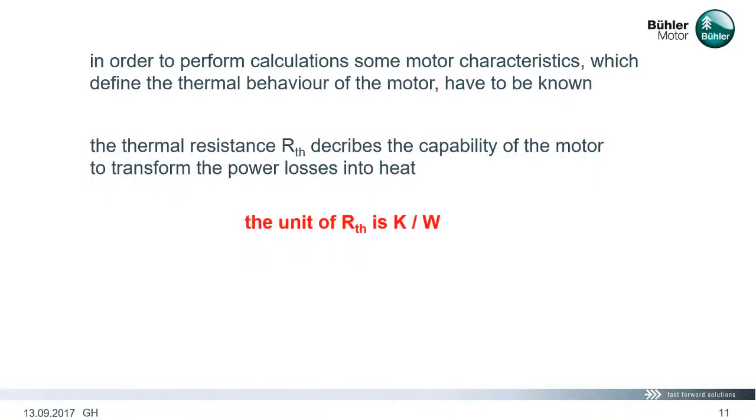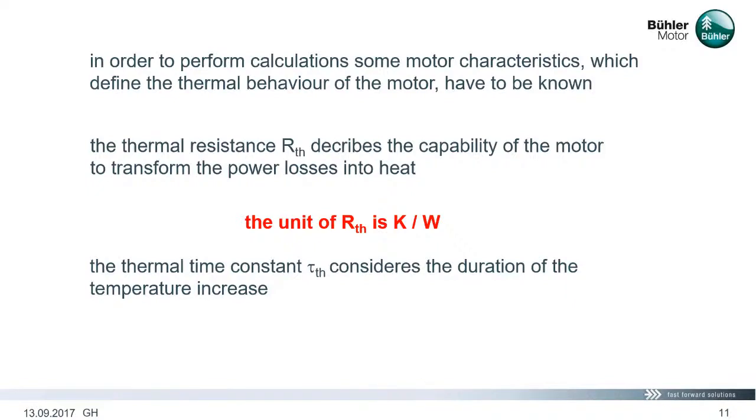The unit of RTH is Kelvin per watt. The next important constant is the thermal time constant, tau TH. It considers the duration of the temperature increase. The unit of tau TH is minutes.